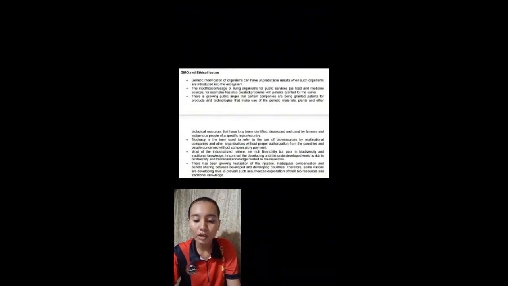For example, a modified plant might spread too quickly and crowd out other plants, which can upset the balance of the environment. Second, the modified usage of living organisms for public services, as food and medicine sources for example, has also created problems with patents granted for the same.